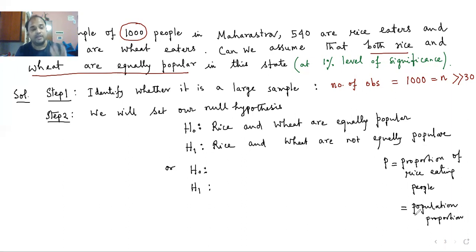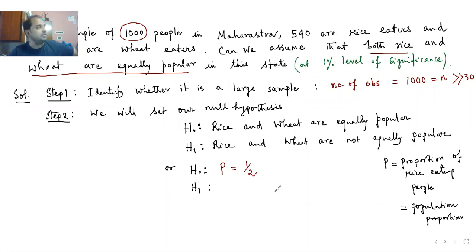So the null hypothesis that I am going to make is not about the sample proportion. A null hypothesis will be based upon the population proportion. So here I am going to write the statement on the basis of the population. I am saying in Maharashtra, the proportion of rice and wheat eating people are equal. So therefore probability is half.